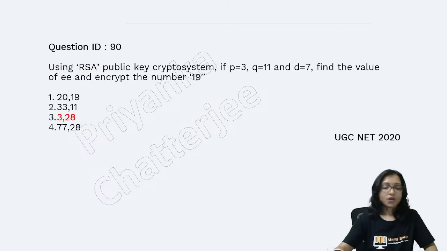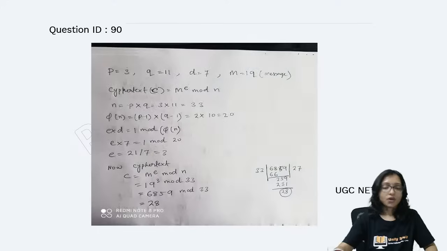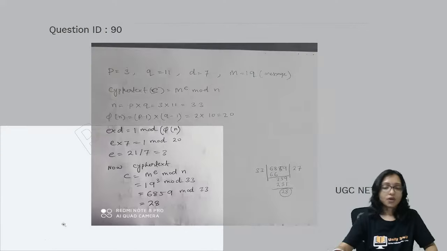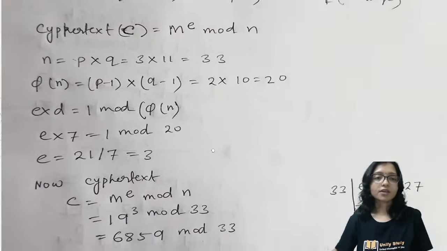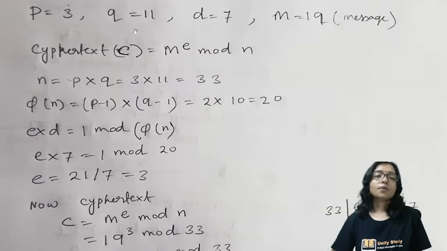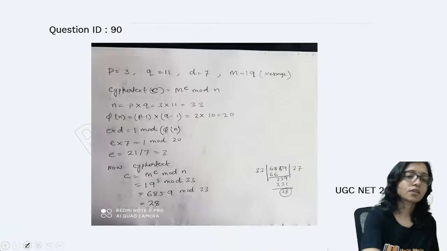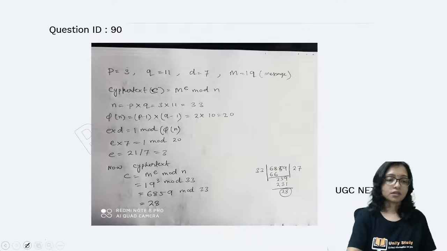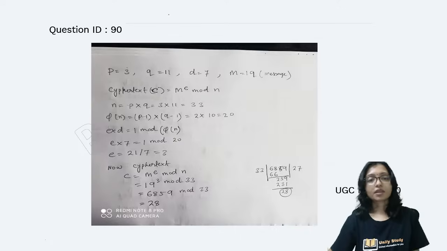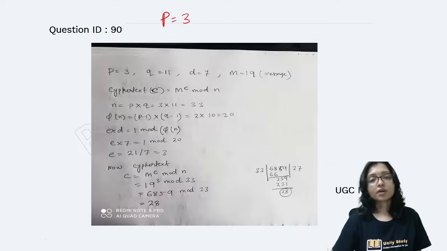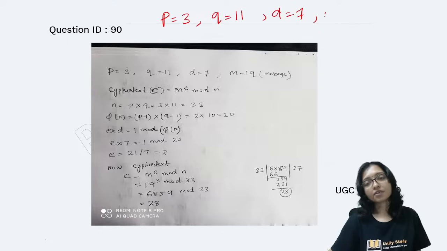Okay, answers are coming. Option 3 is the correct answer. How to do it? Here you can solve in this way. Here I already solved for you. P equals 3 and Q equals 11. The P value equals 3, Q value equals 11, D value is 7 and M value is 19.